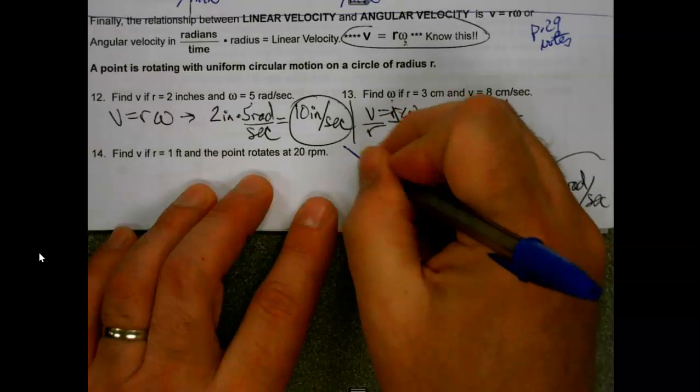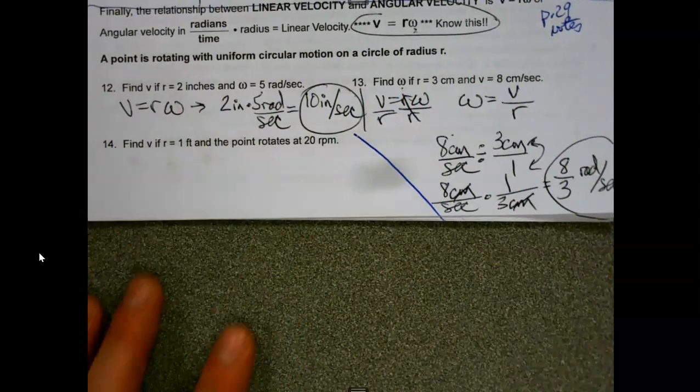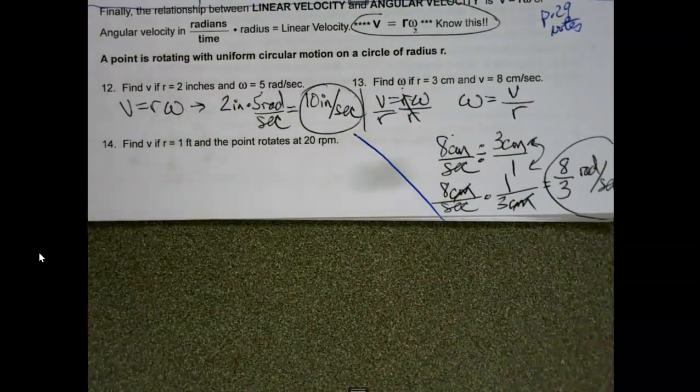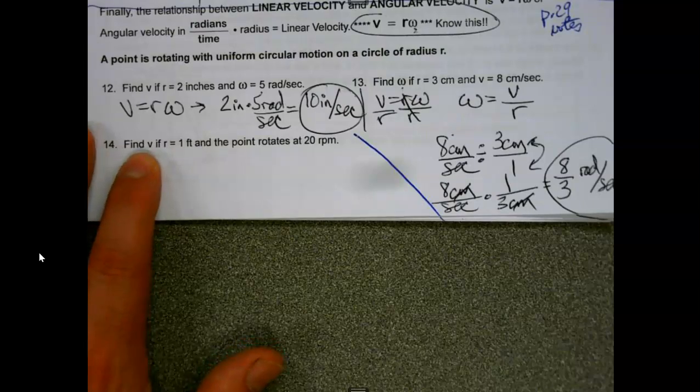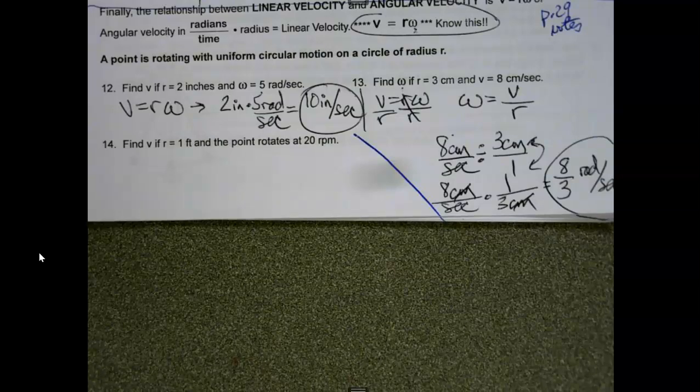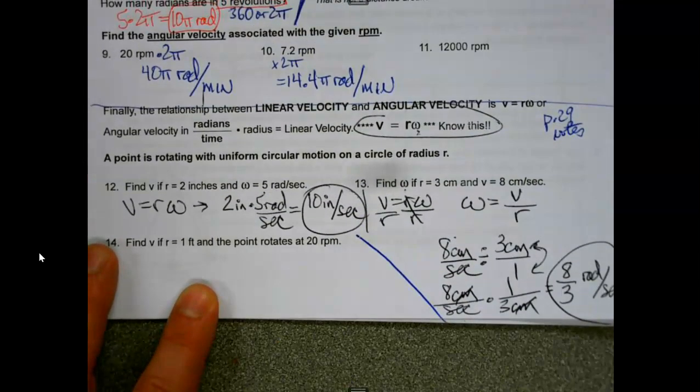So one last one. See, shortest notes ever. This is nice. Find linear velocity. If the radius is 1 foot and the point rotates at 20 revolutions per minute. Quick review to yesterday, right here.